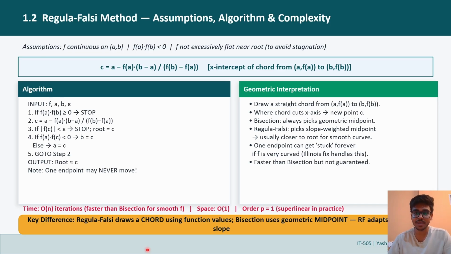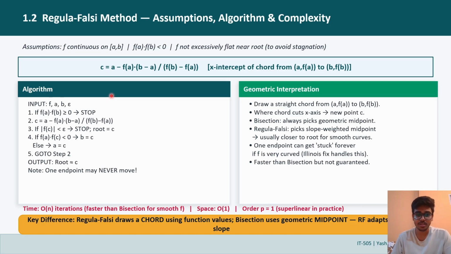This is the x-intercept of the straight line connecting the two points (a, f(a)) and (b, f(b)). The algorithm is the same as bisection, except that instead of taking the midpoint, we take the chord intersection.